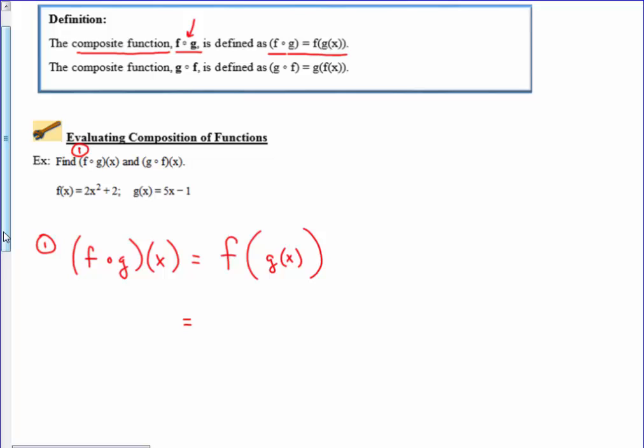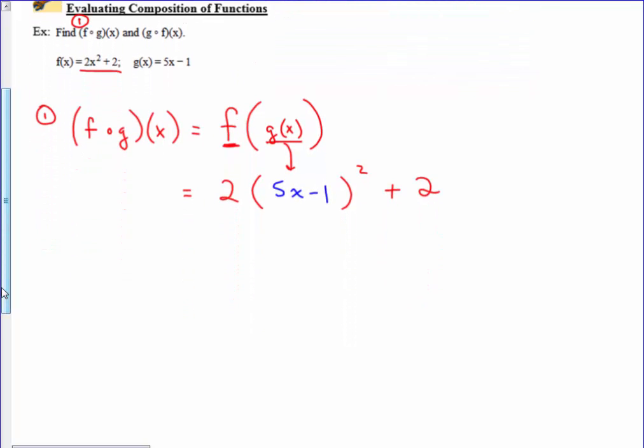What I do is I write down the pattern for the function f. In other words, it's 2 times something squared plus 2. So that gives me my general pattern to what the function f looks like. And then here, g goes in where the x was in the function f. So g would be 5x minus 1.